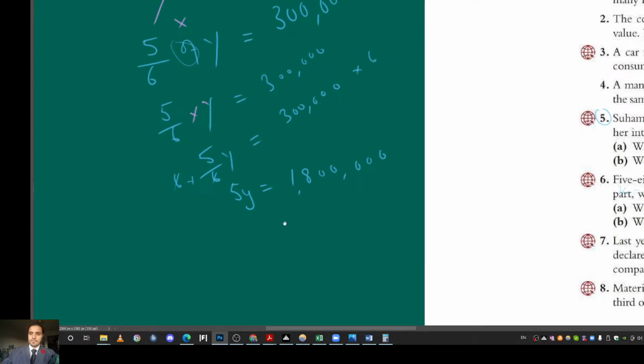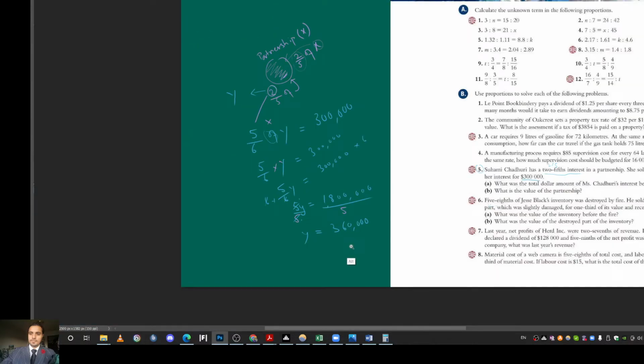And now we just divide by 5 on both sides, and we're left with Y equals 360,000. So that's the amount.